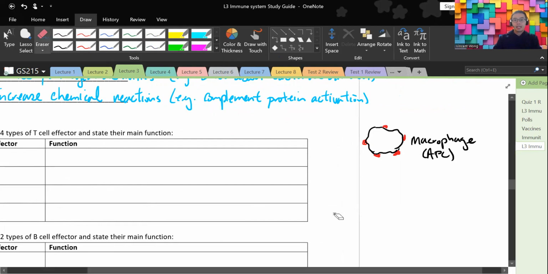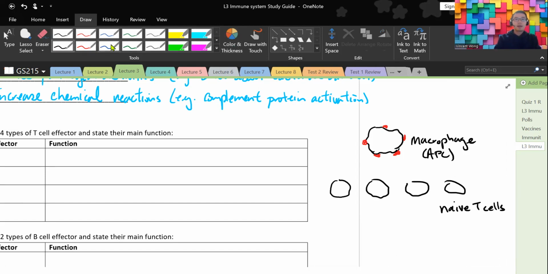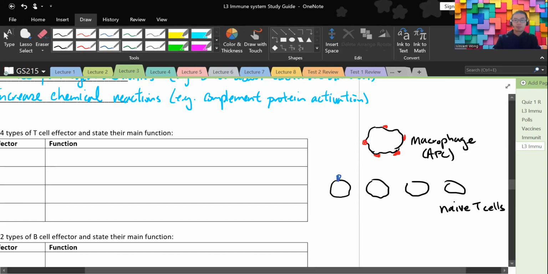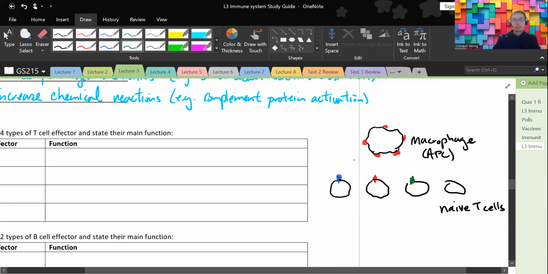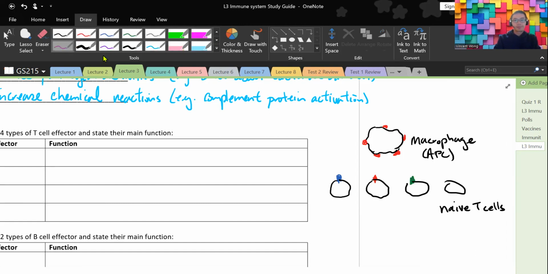Okay, and so what happens is in your thymus, for example, your thymus is right here in front of the heart, you will have a population, a pool of naive T cells, right? So these are naive T cells. These cells have not been activated yet, and each of them has a different receptor. So some of them will have like a blue receptor, maybe a red receptor, green receptor, and then you might have one with a pink receptor.